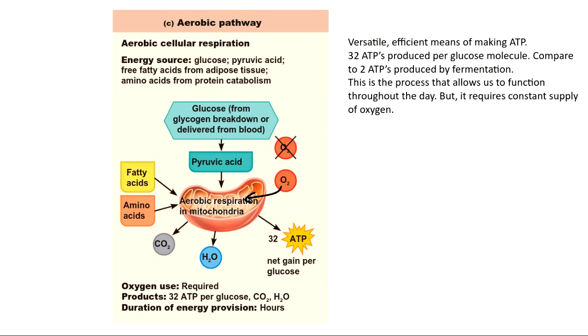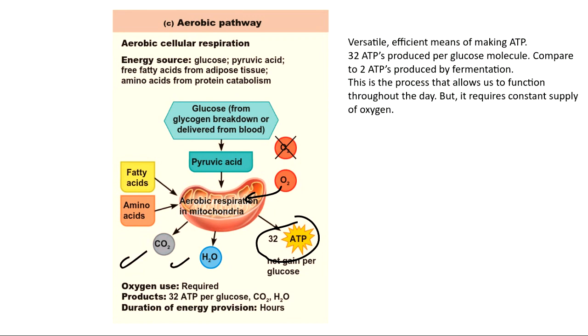oxygen will be used to go through the electron transport chain. In the process, about 32 ATPs are going to be made. So this is a lot of ATP made per glucose molecule. The reactions also make CO2 and water.